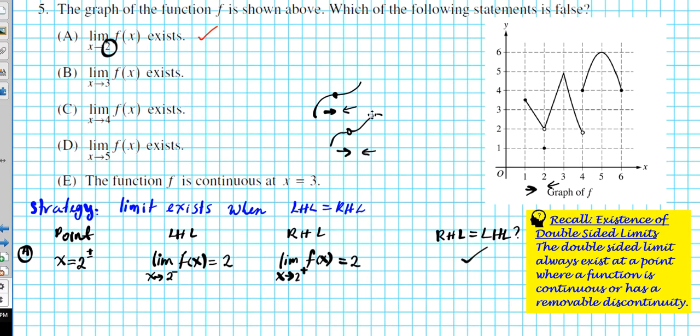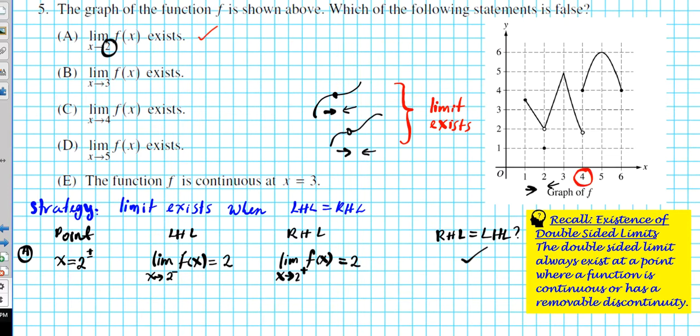Now, based on what we just talked about earlier, as these two being the only cases where the limit exists, we can just look at the graph and we can easily determine what the answer is. If you look at 2, 3, 4, 5, do we have any cases where we have a discontinuity that's a jump or infinite or oscillating? The answer is yes.